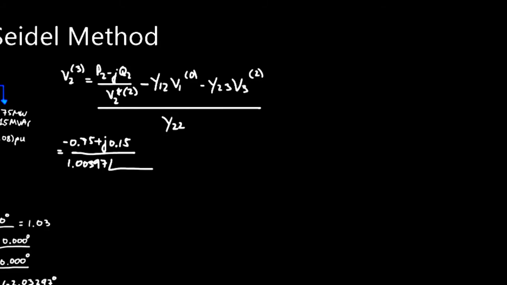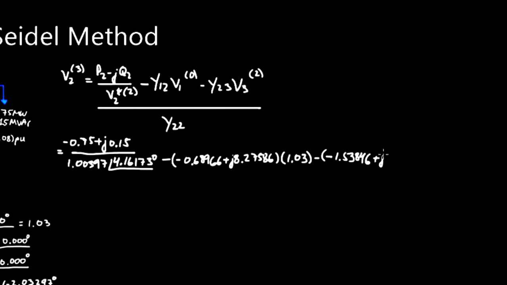So instead of minus 4.16173, I would do positive 4.16173, minus Y12, so minus 0.68966 plus J 8.27586 times the slack bus, so 1.03, minus Y23, so minus 1.53846 plus J 12.30769. And then all of that times V3 of 2.